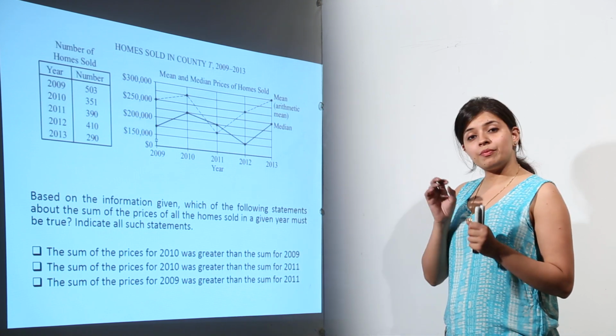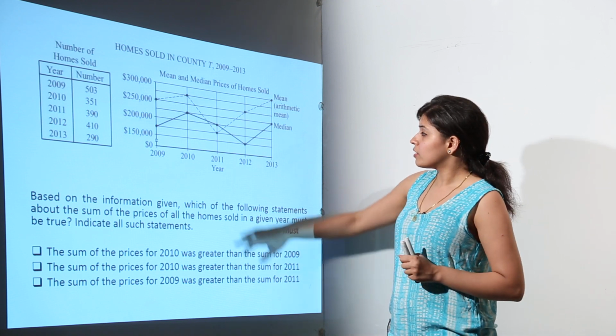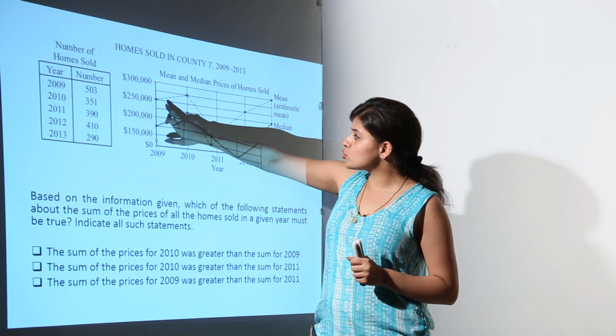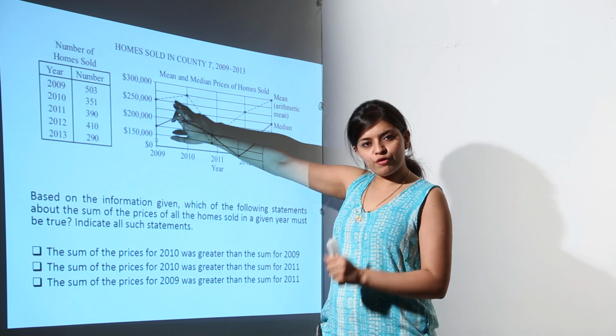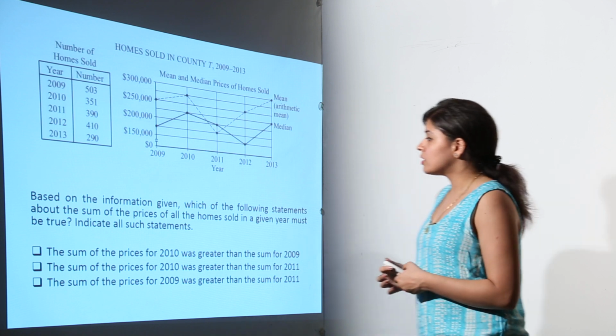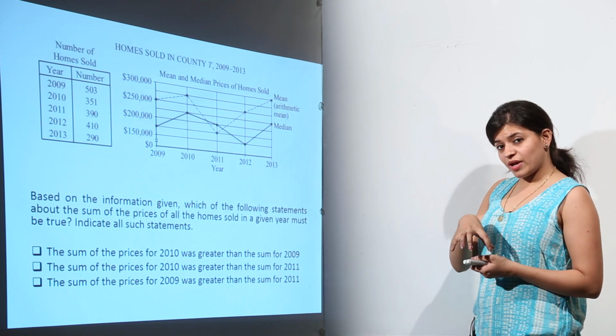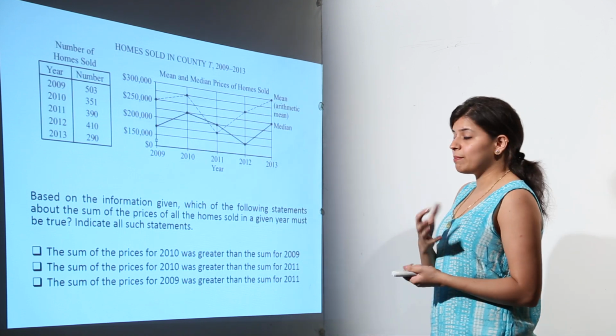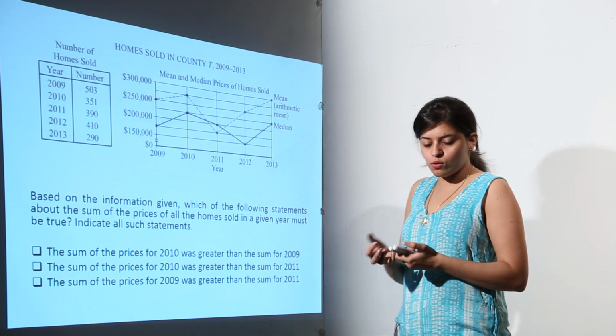Now, for the sum of the prices in 2009, the mean in 2009 was 2,50,000 and the number of houses sold was 503. To calculate the total sum of the prices, we have to multiply the mean by the number of houses.